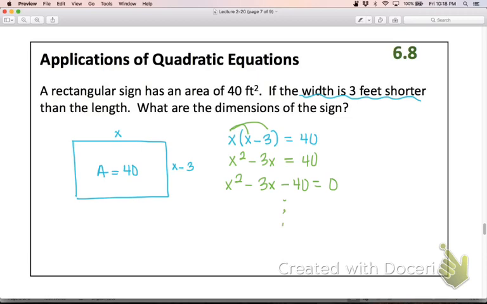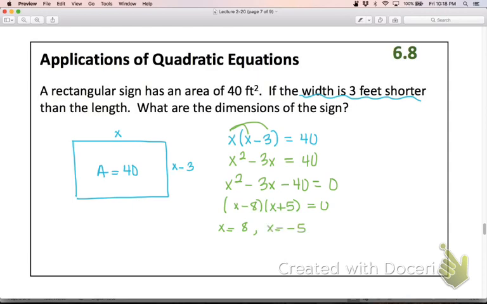Now, think about the kinds of answers you could get here. If you get a negative answer, that option does not make sense in this scenario. Let's actually go ahead and solve this one so that you can see what I mean. This would factor to, let's see, 8 and 5. So x minus 8 and x plus 5 equals 0. That tells us that either x equals 8 or x equals negative 5.